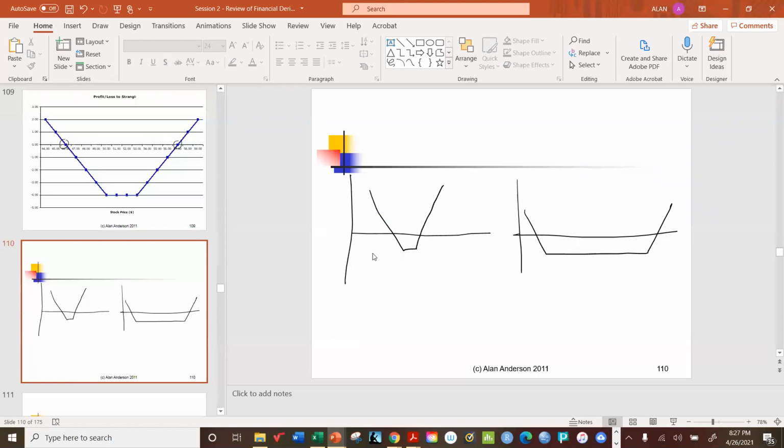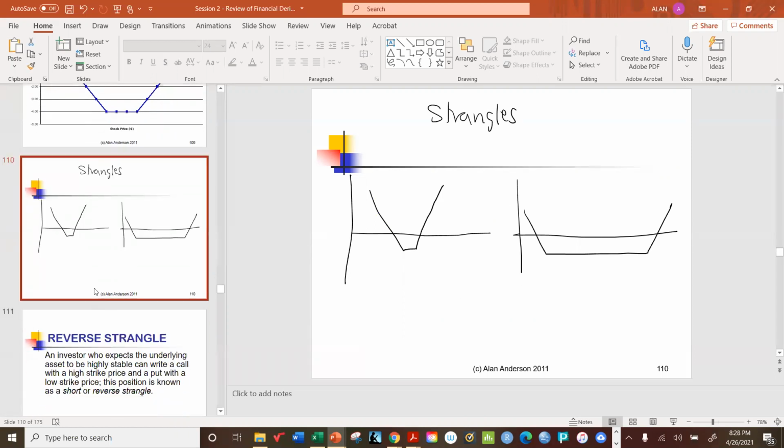It just depends on your view on how volatile the stock price is likely to be and how much money you're willing to pay for that position. So they're both strangles, but they have very different shapes because of the strikes that I chose.